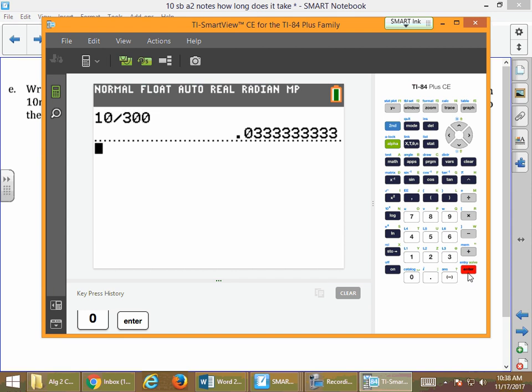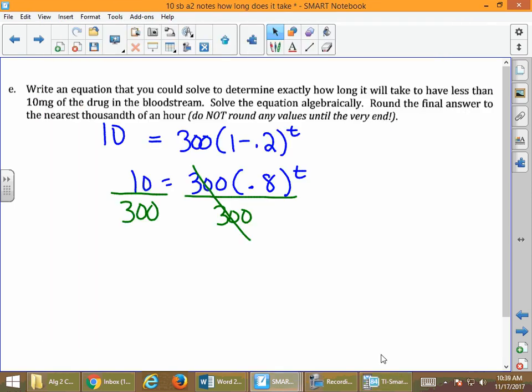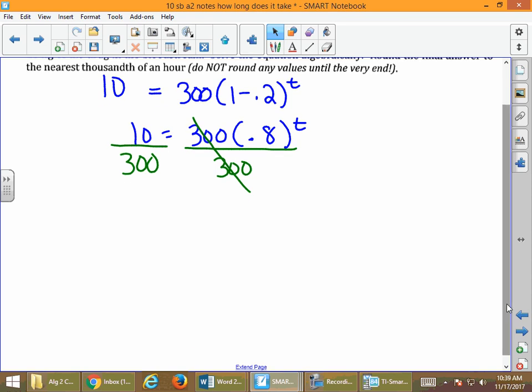We don't want a repeating decimal. So the one thing that I did is I did simplify that fraction, but I'm going to use 10 divided by 300. I don't want to write that decimal down. If you do use 0.03 with a bar over it, you still need to leave this number on your calculator. That's going to be a number you have to use because you don't want to round. But once we do isolate, what we're going to do is put a logarithm in for both sides.